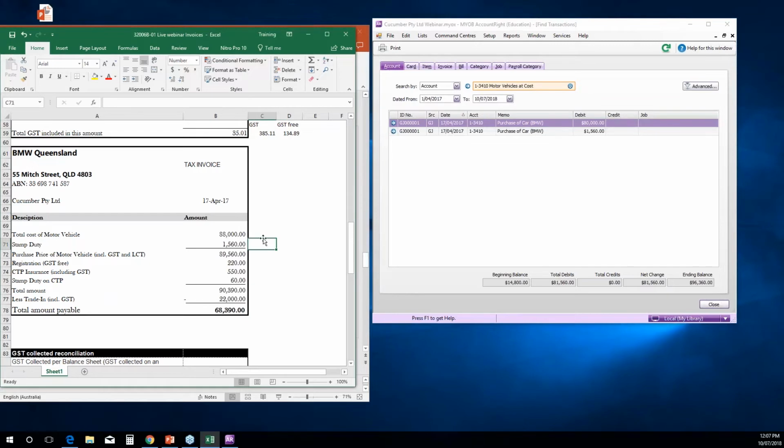Okay, now we are given the car invoice, and as you can see, the motor vehicle cost is very expensive. The ATO has a statutory limit on motor vehicles. So we might actually have to check the motor vehicle car limit first before we process anything.